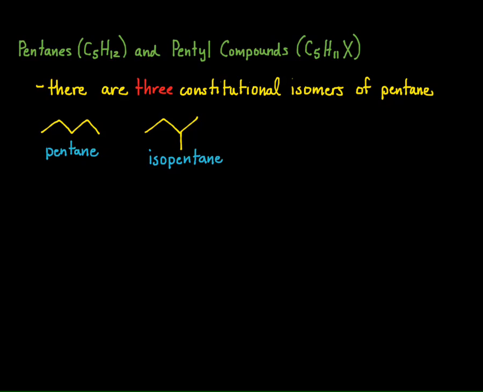Now, there's the other methylene group, and if I add a methyl group to the other methylene group, I still get the same compound. Again, remember, thinking three-dimensionally results in identical compounds. So these are the two constitutional isomers that result from adding a methyl group to that of butane.